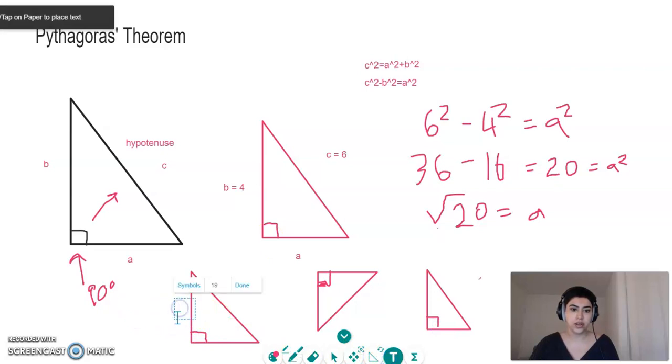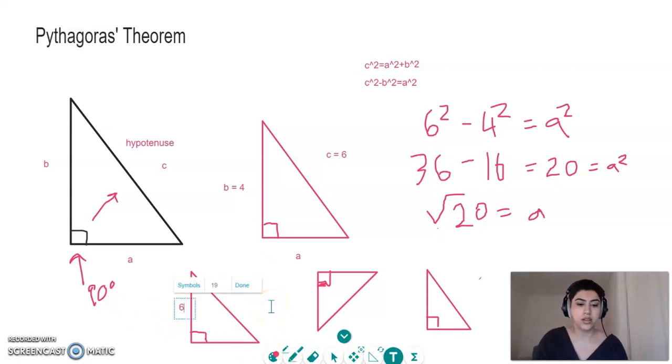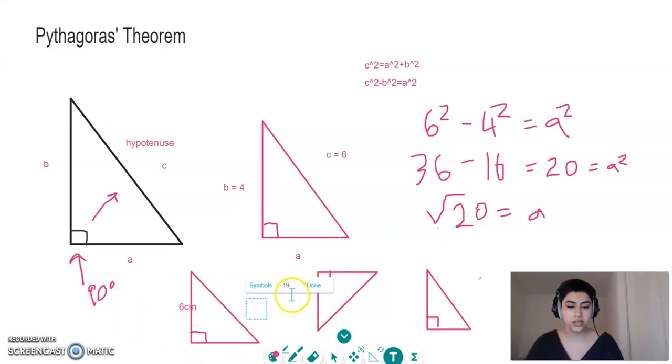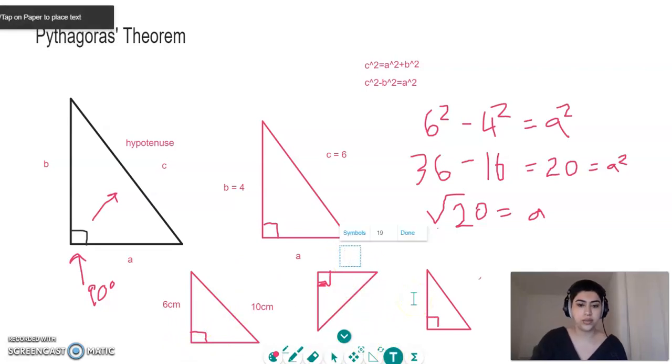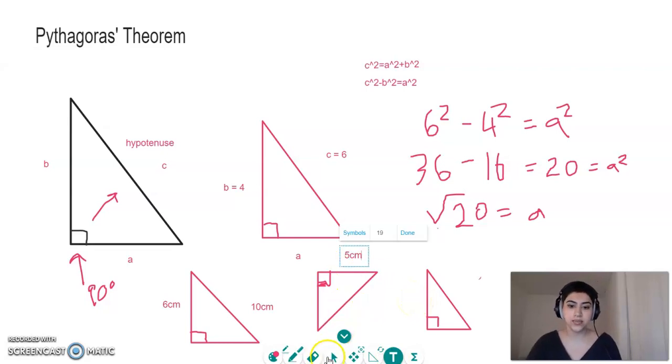So I'll put a couple more examples here. So 6 centimeters. And remember that the hypotenuse is always the opposite from the right angle, and that's the longest length. We have 5 centimeters here.